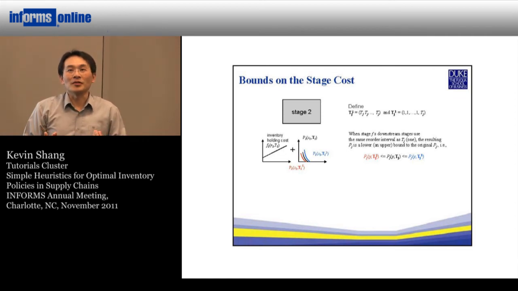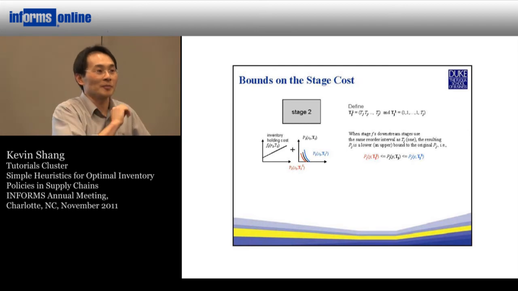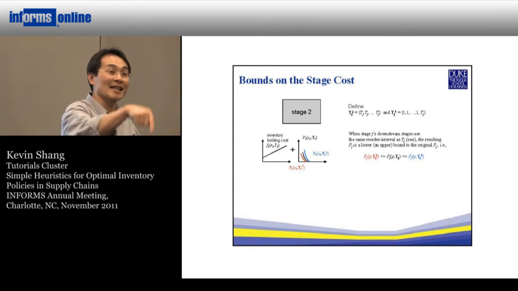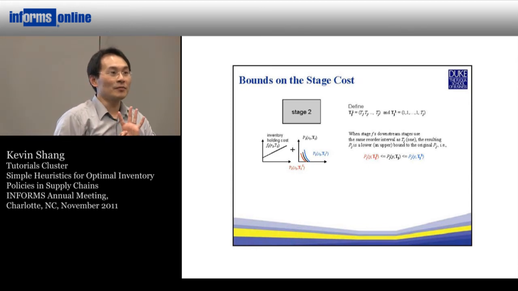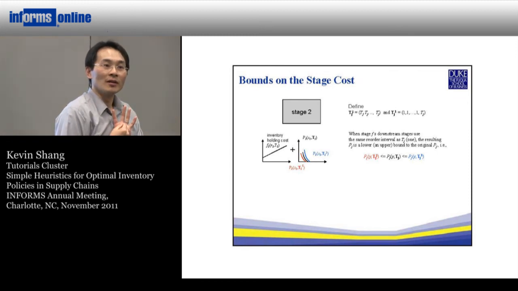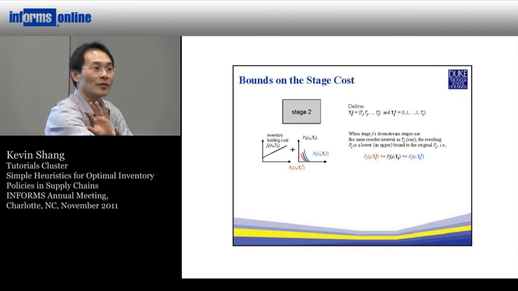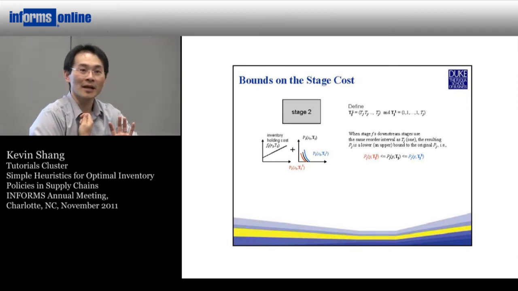So what is the intuition? Let's go back to the definition of the induced penalty function. It is the cost I was penalized because I cannot satisfy your demand, right? You are stage 1, I cannot satisfy you, penalize me. So if I'm using 4 and you are using 4, the penalization is smaller. Why? Because if you are using 4, you aggregate 4 periods of demand at a time and ship it to me, right?